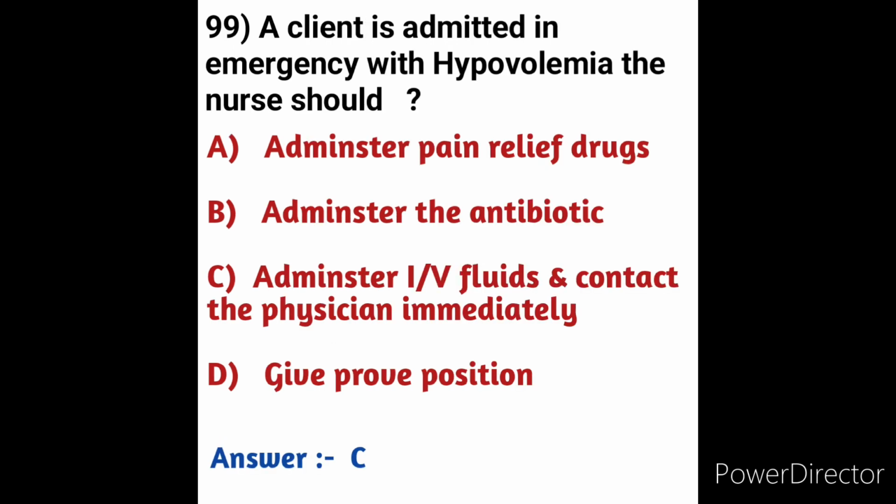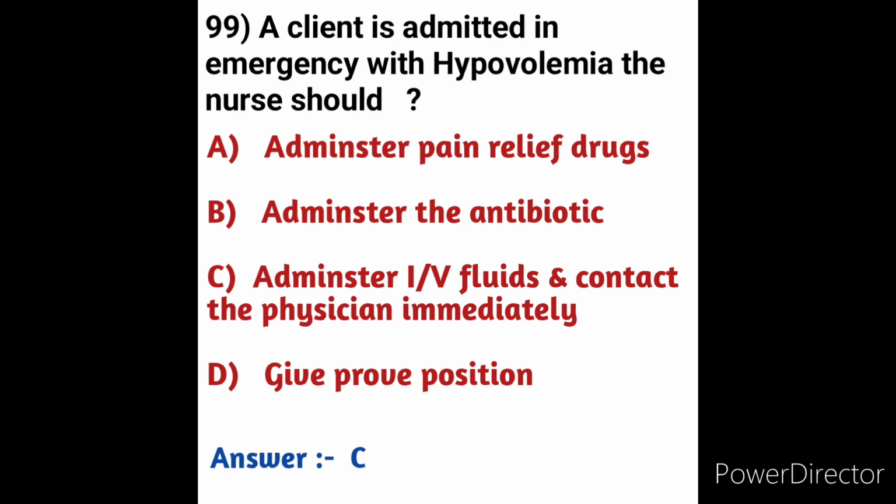A client is admitted in emergency with hypovolemia. The nurse should: option A, administer pain relief drugs. Option B, administer the antibiotic. Option C, administer IV fluids and contact the physician immediately. And option D, give the prone position. Actually, hypovolemic means the patient is hypovolemic. The patient should be placed on cardiac monitoring.